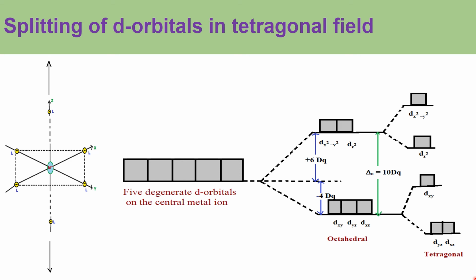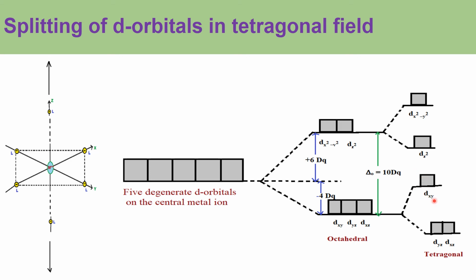So here you can see the t2g set splits again into two, with the orbitals having a z-axis component having lesser energy than the d orbitals in the xy plane.